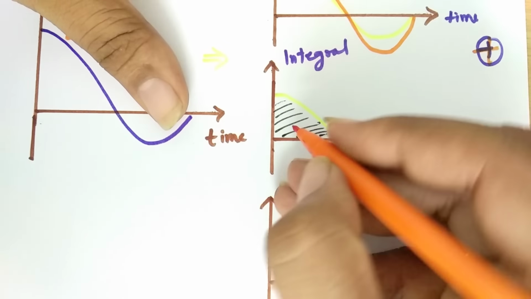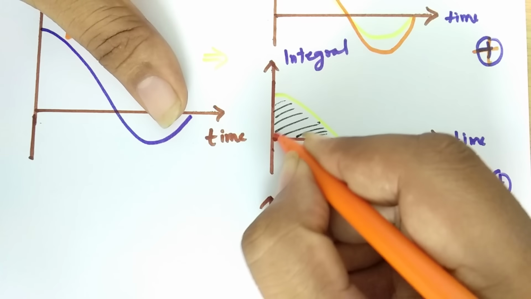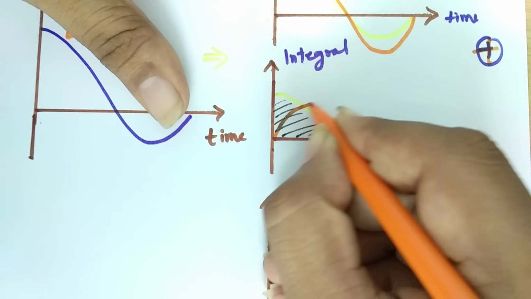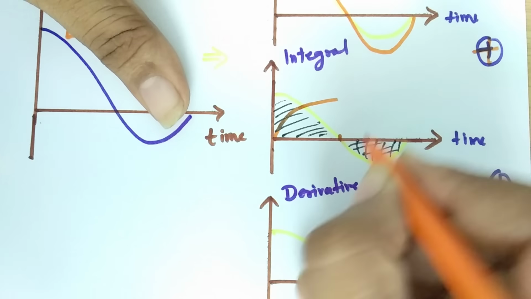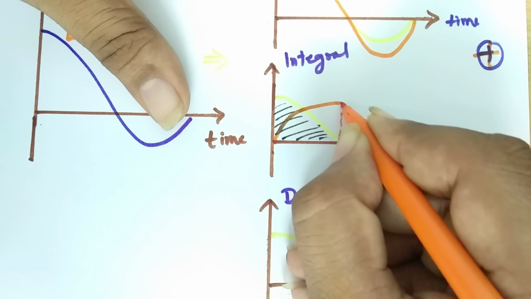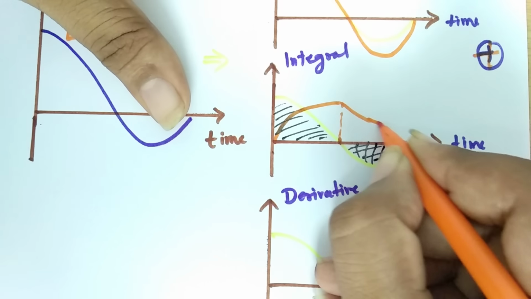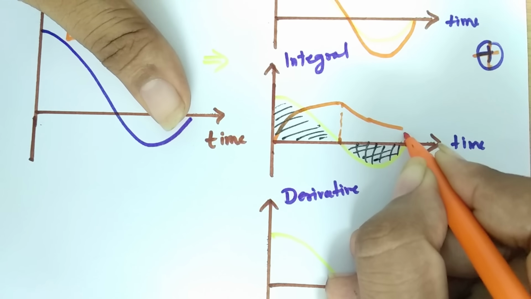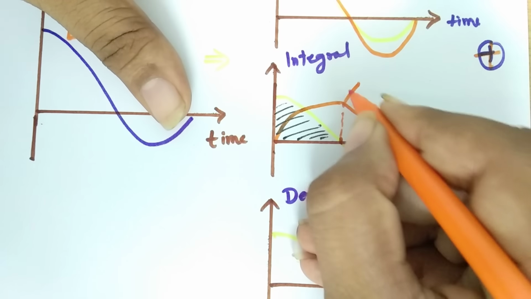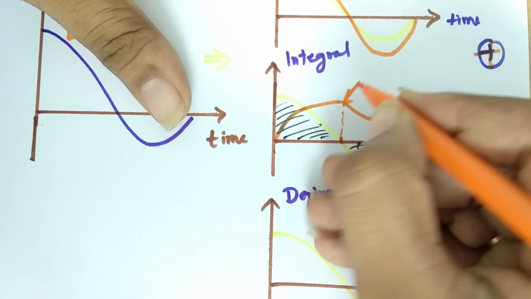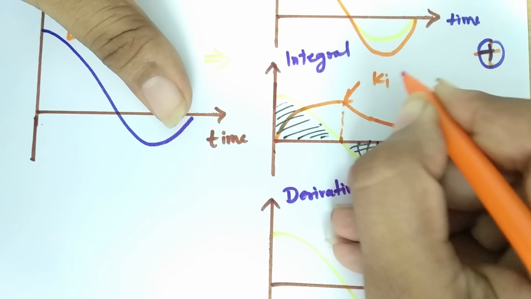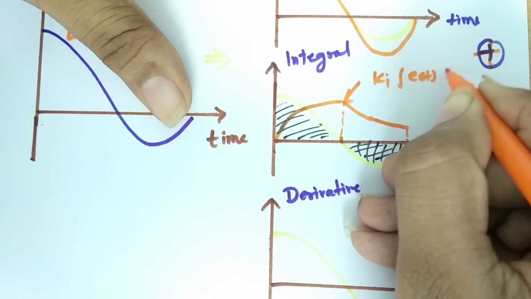As the area is positive, the integral controller's output will increase, and it will increase as long as the area is positive. And as the area is negative, the output from here will start to decrease. It will decrease as long as the area is negative. So this is how the output changes with the integral controller, and that is also referred to as Ki into integral of e(t) dt.